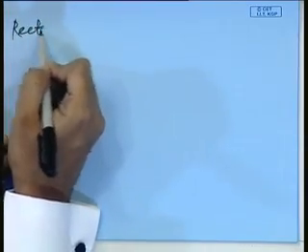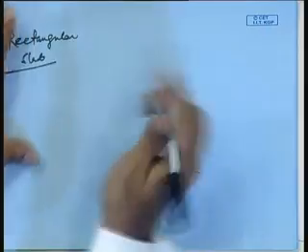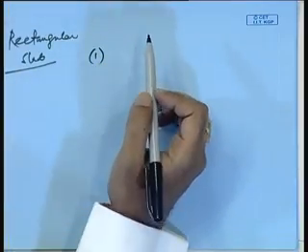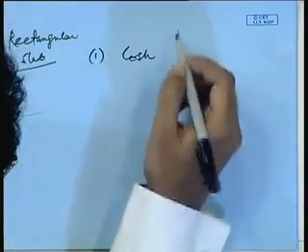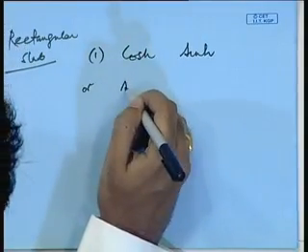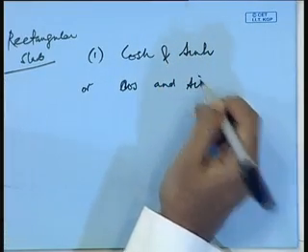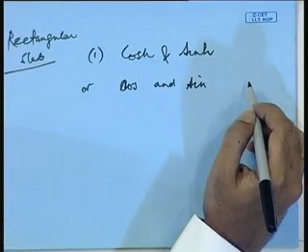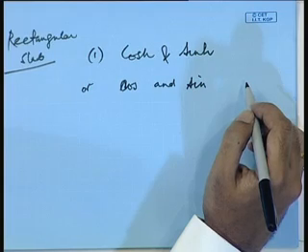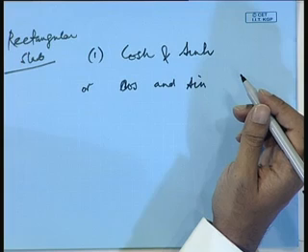Let us chart the eigenfunctions. For the rectangular slab: cosh and sinh, or it could be cos and sin if there is a source term.